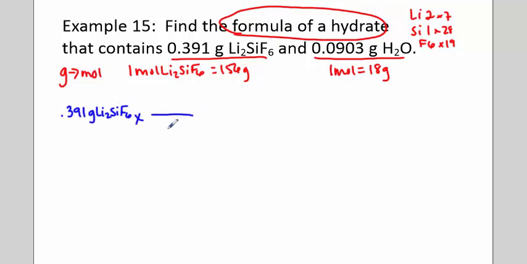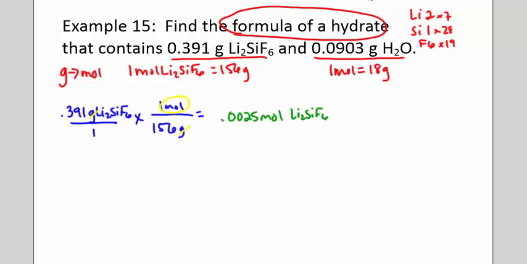I need grams on the bottom, so 156 grams to 1 mole. See, my grams cancel, so I'm left with moles. My answer here is 0.0025 moles, and we do want to carry it out that far. So that's my lithium hexafluorosilicate.